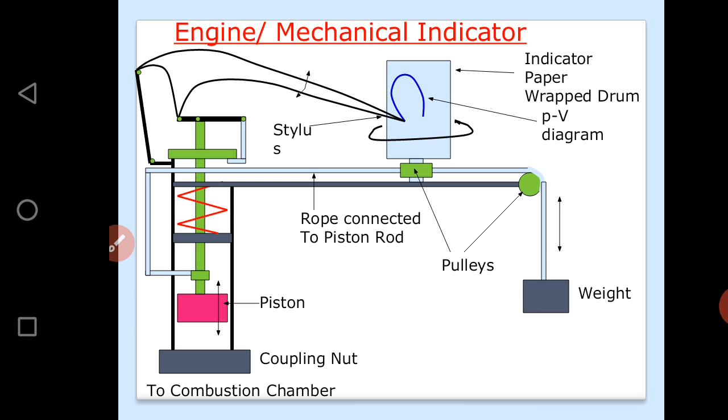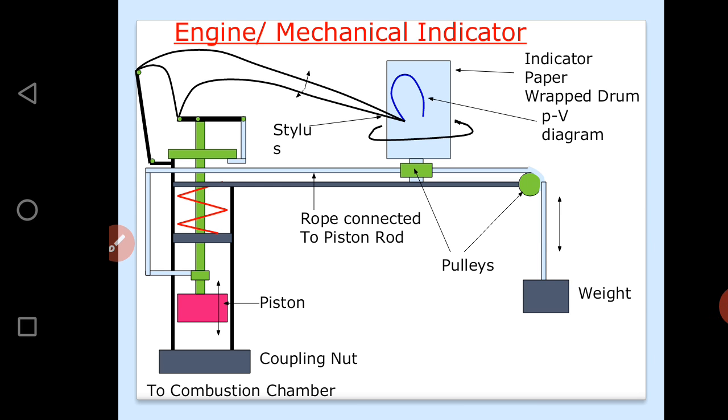Apart from that, we are going to study different terminologies related to testing of IC engines, such as the various efficiencies and some important terms, so that you are able to solve problems based on testing of IC engines.